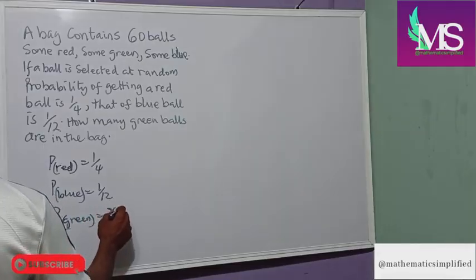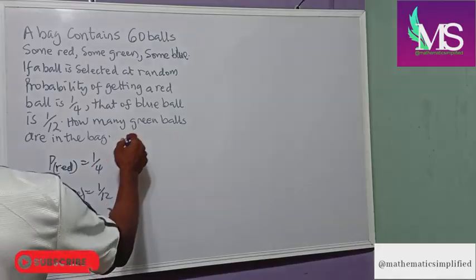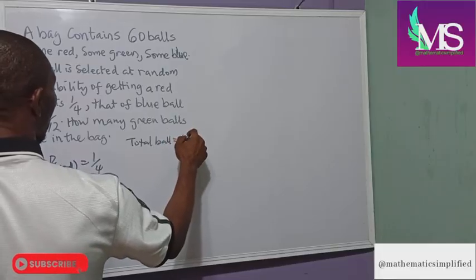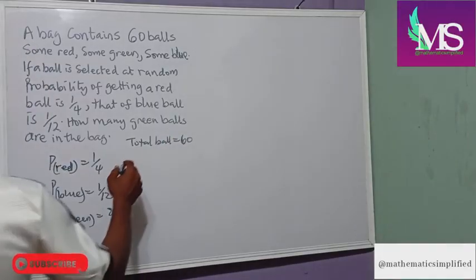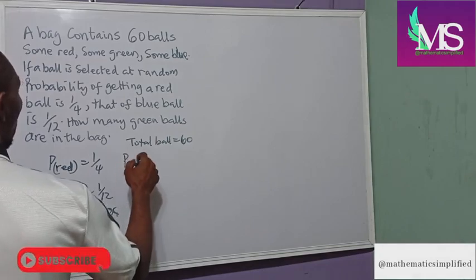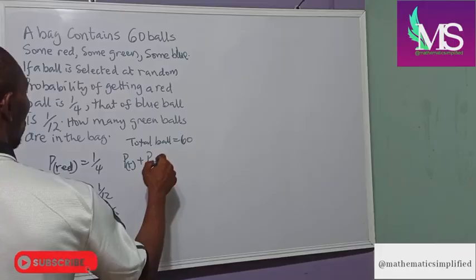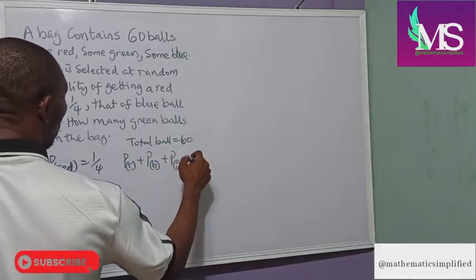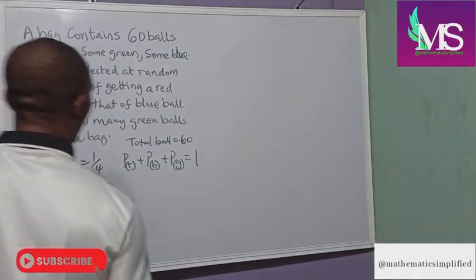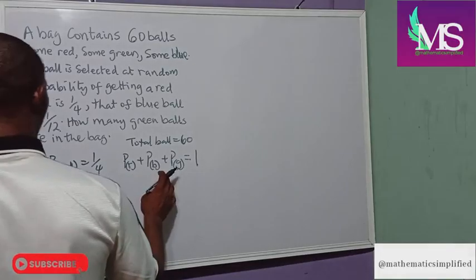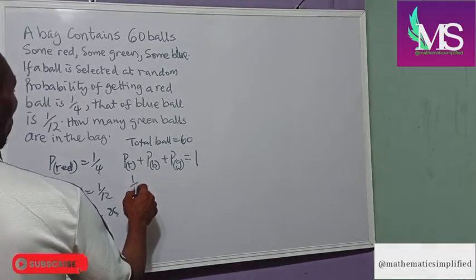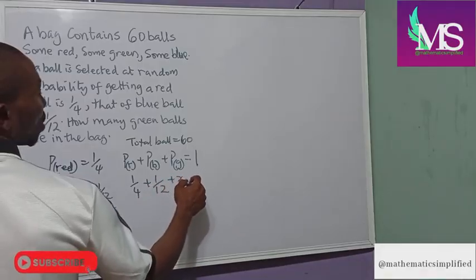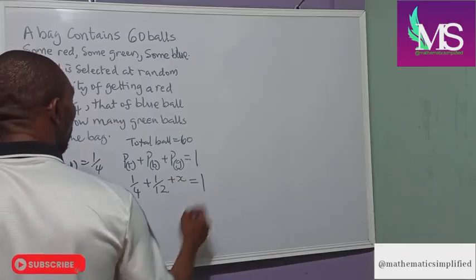Okay, x. Now, our total number of balls equals 60. Now we know that probability of red plus probability of blue plus probability of green equals 1. Now knowing the probability of these two, which is 1 over 4 plus 1 over 12 plus x equals 1.